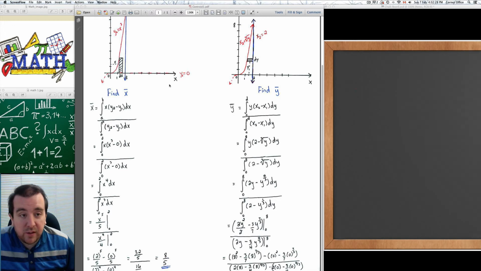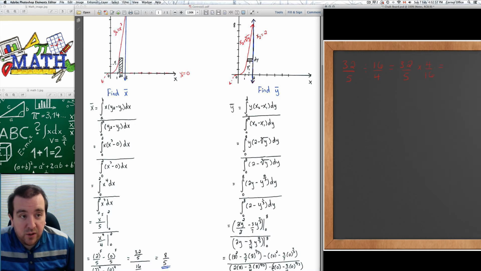So we get 32 divided by 5. Now that is divided by 16 over 4. So remember, according to our fraction rule, that means we actually need to multiply by the reciprocal, so we're actually multiplying by 4 over 16.